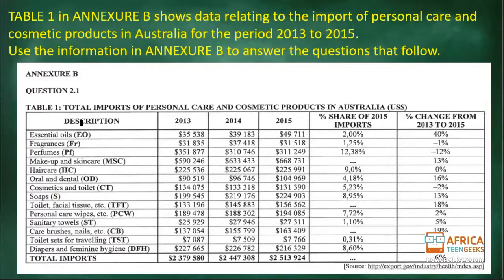There's description: total imports of personal care and cosmetic products in Australia. We've got description in one column, the different years, 2013, 2014, 2015, the percentage share of the 2015 imports, and then we've got the percentage change from 2013 to 2015.